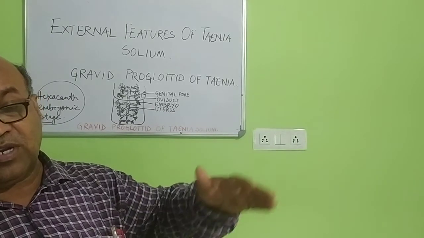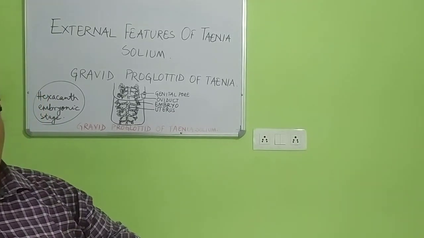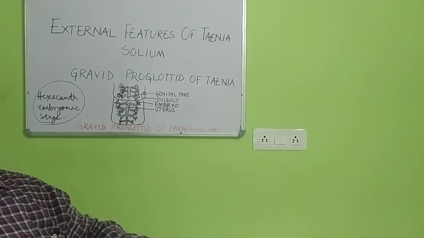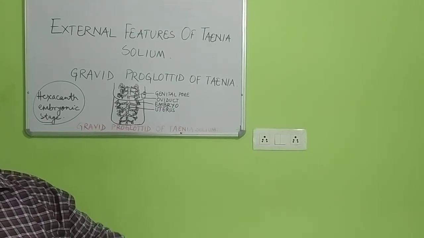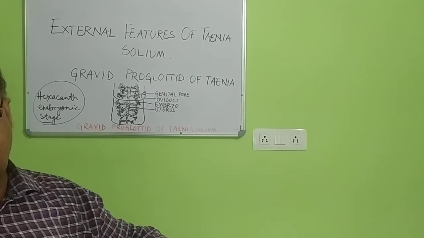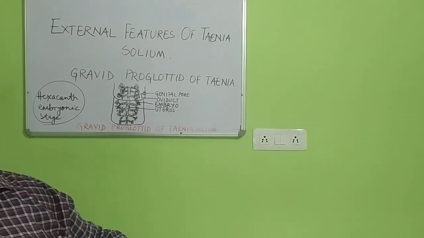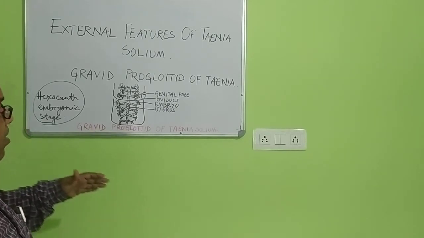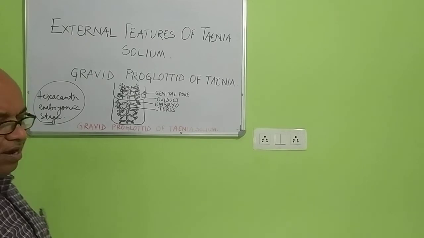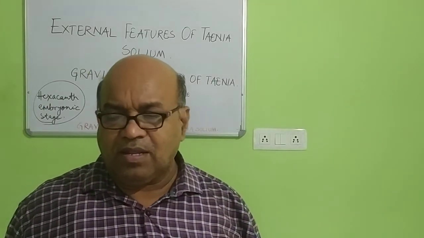They move towards the distal end, and the mature ones remain towards the posterior, while the young ones remain towards the anterior. Those mature proglottids which complete fertilization are known as gravid proglottids. Okay, thank you.